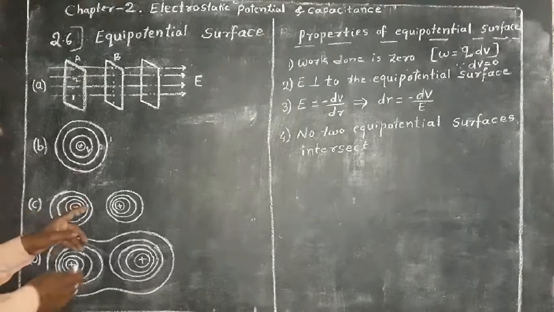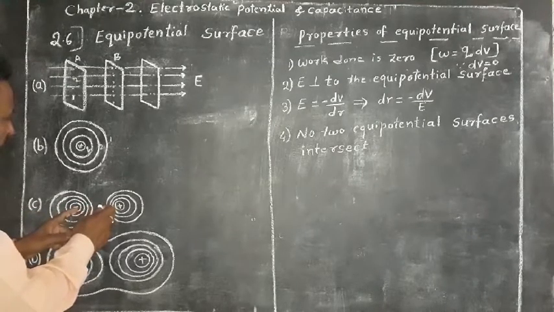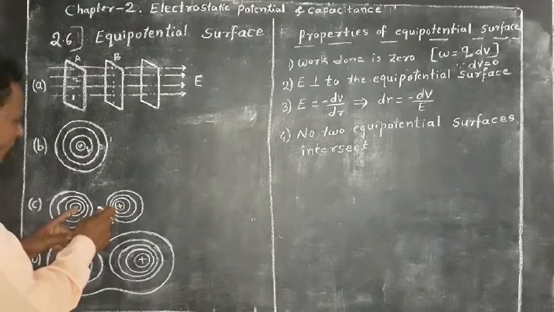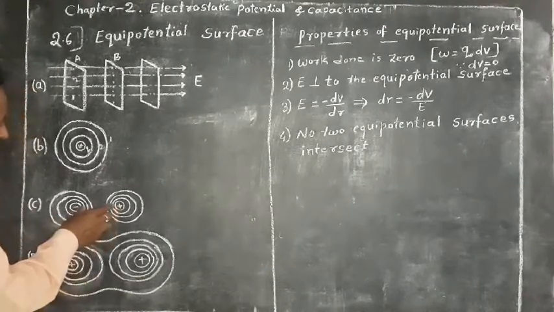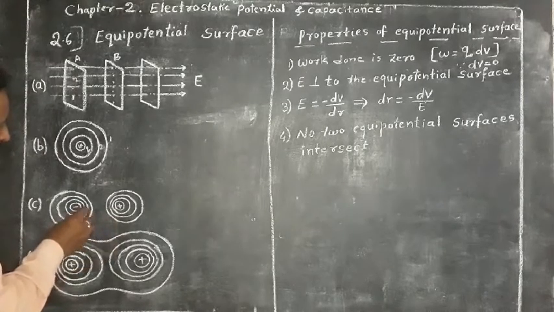But in the region between the negative charge and the positive charge, the electric field is stronger.